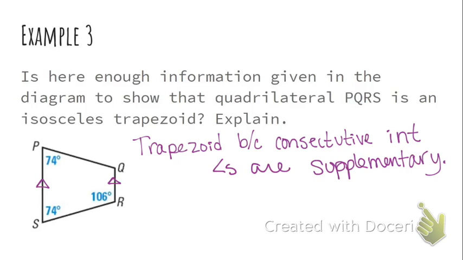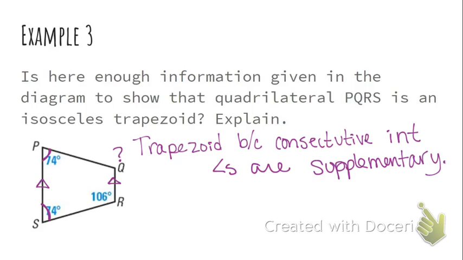Okay, so then we have to decide if it fits isosceles. So that goes back to the base angles. We have one pair of base angles congruent at P and S. Remember, the bases are the lines that are parallel. So we just need to know what this last angle at Q is going to be.